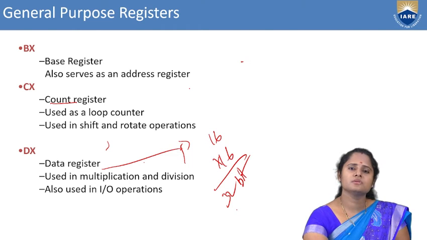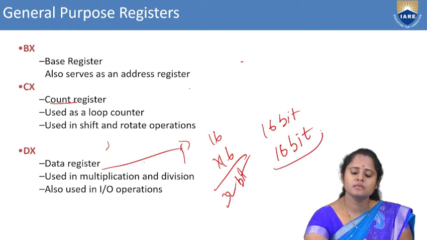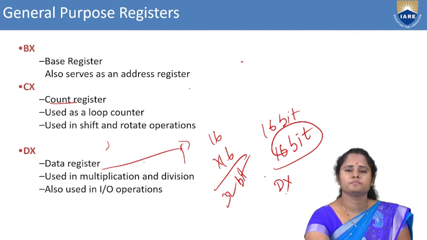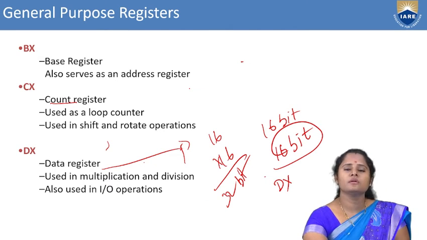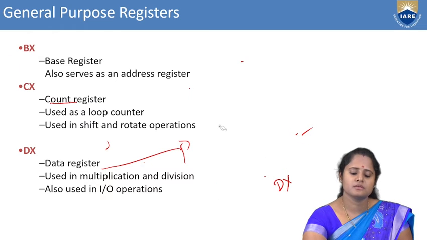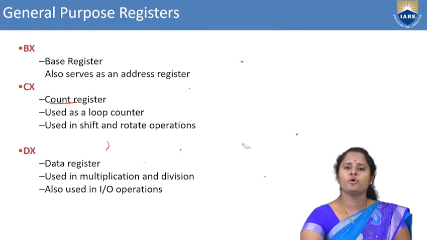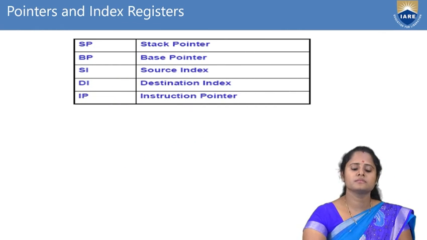All the registers can store only 16 bits, so what about the remaining 16 bits? The remaining 16 bits can be stored in the DX register. That is the use of the data register, and it can also be used for input output operations.